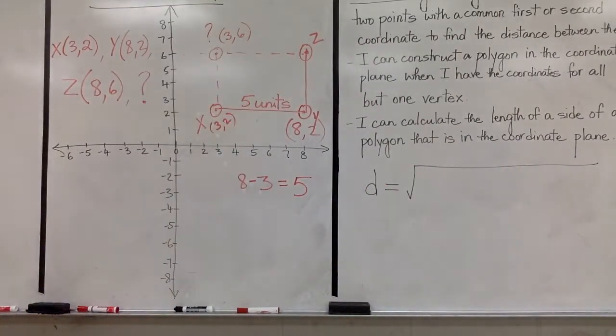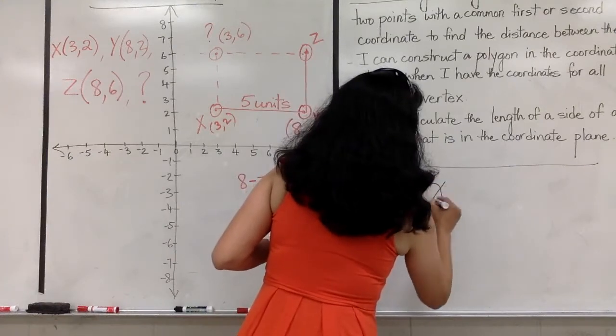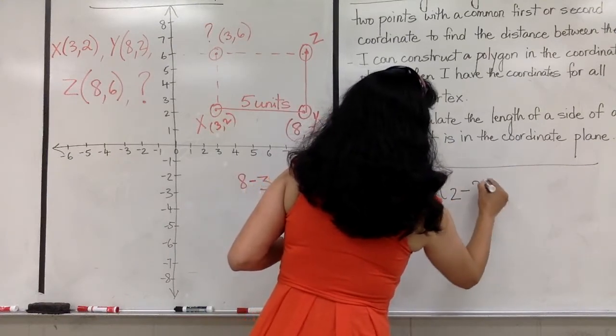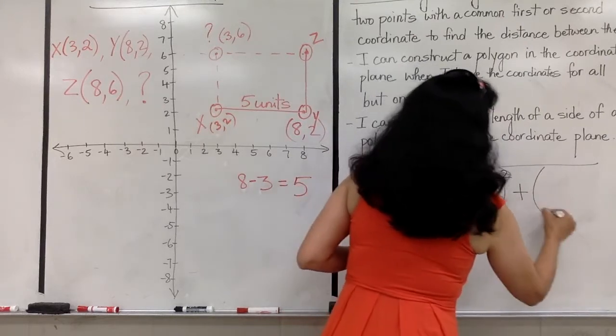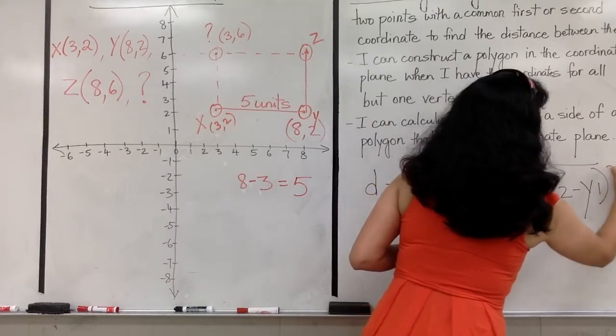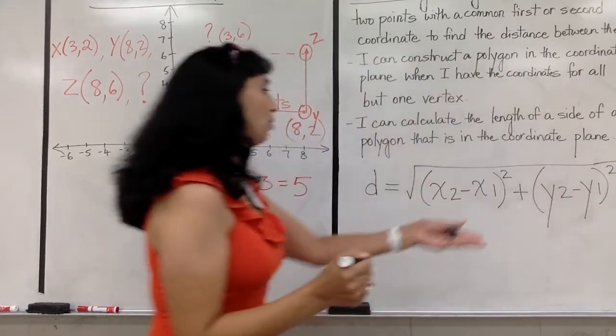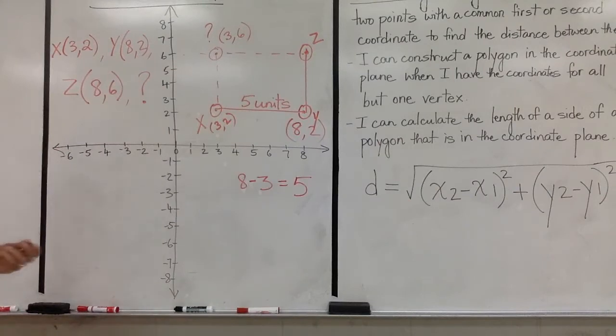I'll tell you what a square root is in a minute. But then if I have x2 minus x1 squared, plus y2 minus y1 squared. So this is actually the formula. If I had done the same thing, I would still get the same answer if I use this formula.